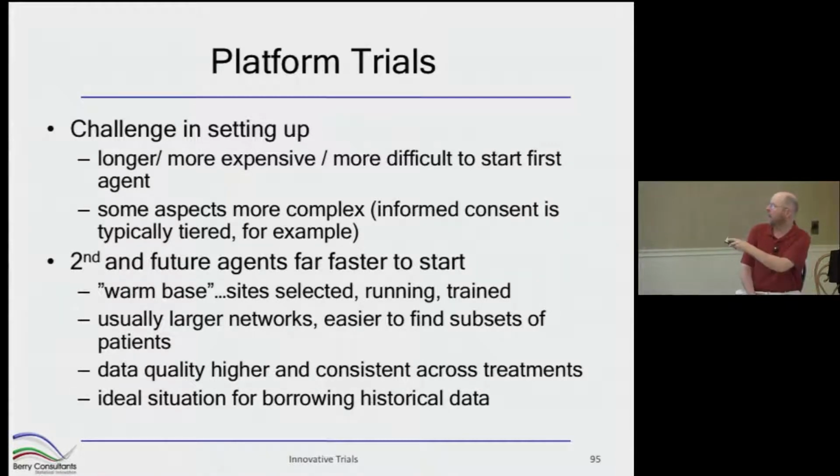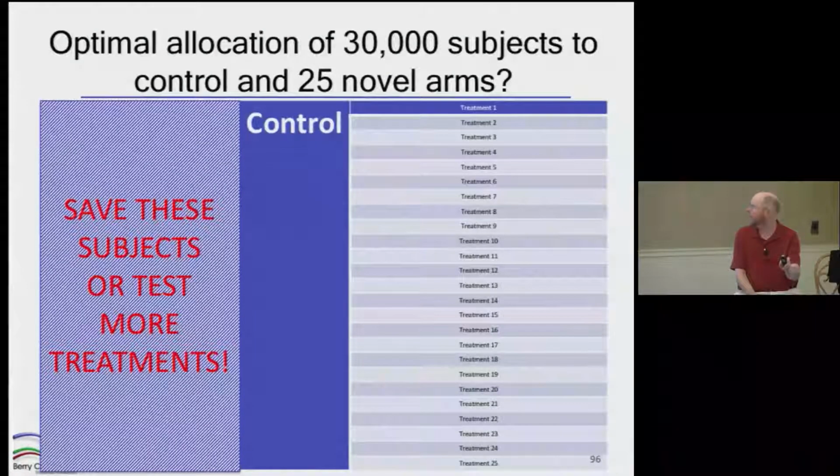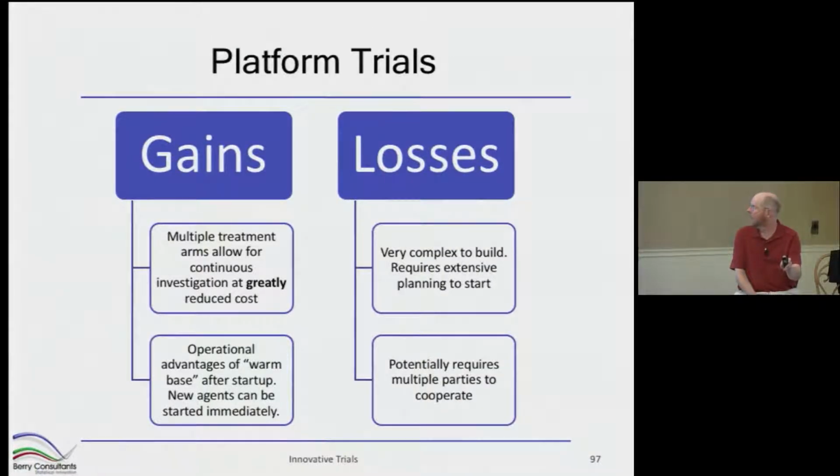What you've got here is a warm base, sites are up and running, and there are larger networks allowing you to find subsets of patients. Everything is better in this particular world. And I think that is good. All right, so just as a conclusion, it's the startup cost versus the massive savings at the end that is really the trade-off here.